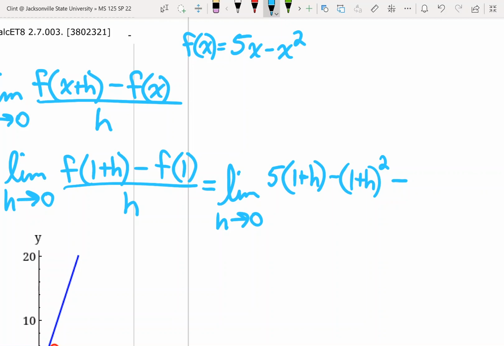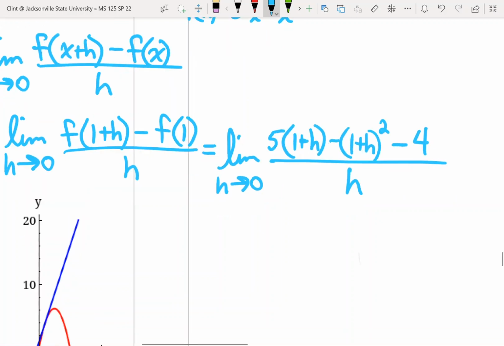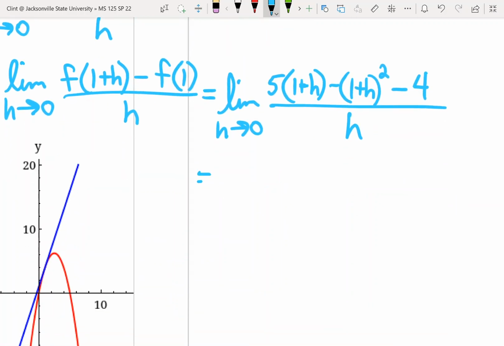So that'll be 5 minus 1, 4, over h. We just have to simplify this thing so we can find our limit.